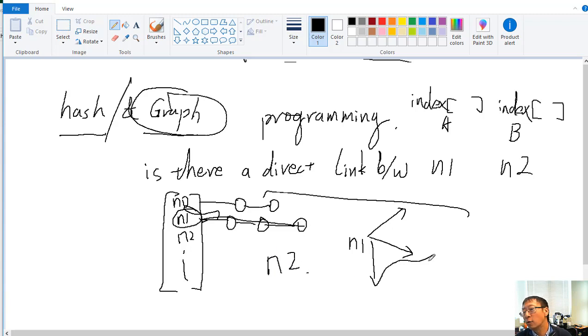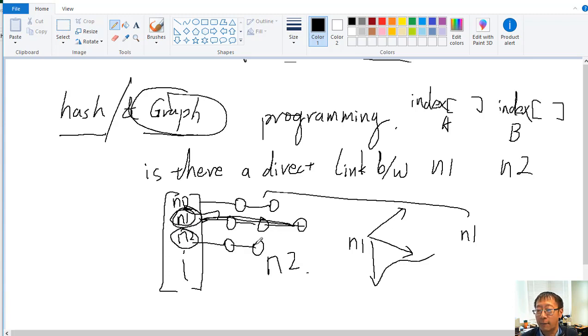Okay, here you want to be very careful. You want to make sure you locate the right node. It is really N1, not any other node. And the second, are we talking about a directed graph or undirected graph? If it's undirected, then you can go through N1's linked list to see whether or not N2 is there, or you can go through N2's linked list and see whether or not N1 is there. They're the same.